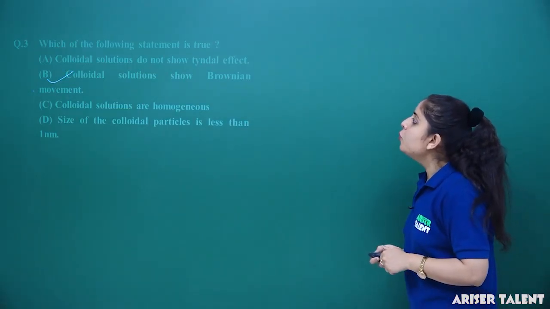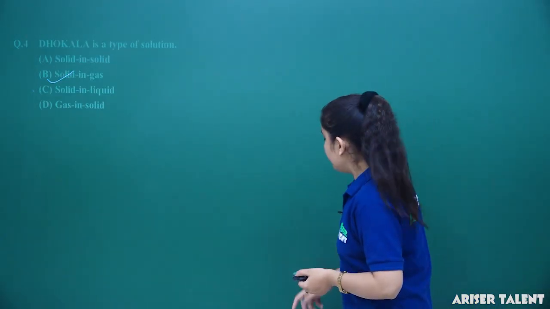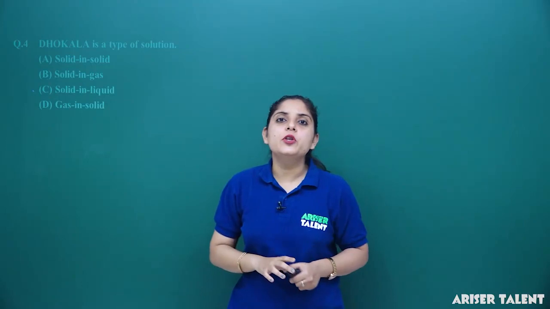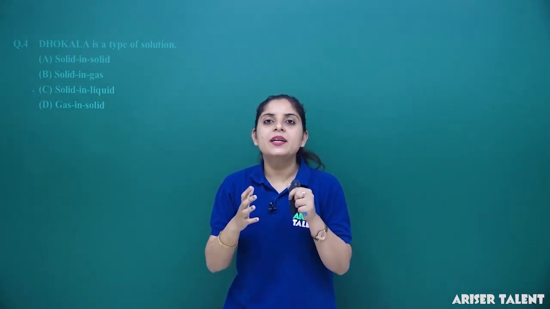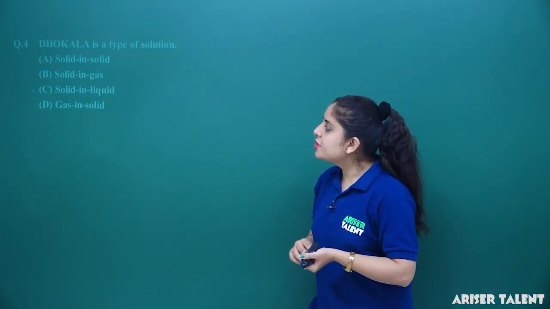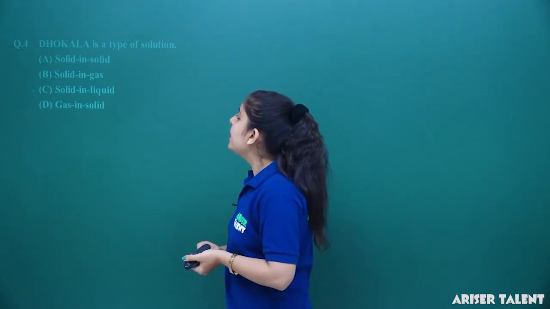Now let's move to question number 4. Dhokla is a type of solution. So what will happen in case of a dhokla? The gas is going to be dissolved in the liquid. That's why whenever you eat dhokla, it is fluffy, because the air is trapped in it. So it is actually a gas in solid type of mixture. The options are solid in solid, solid in gas, solid in liquid and gas in solid.